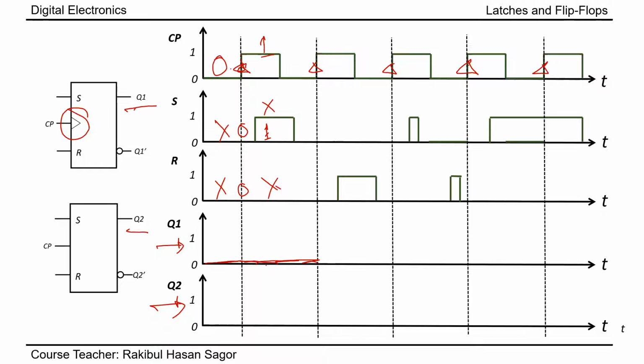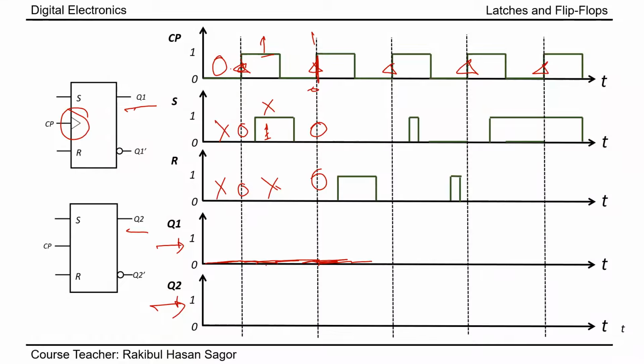In the next transition, when the clock pulse goes from 0 to 1, let's check the input: S equal to 0, R equal to 0. So again it will hold the previous data, and 0 will continue.